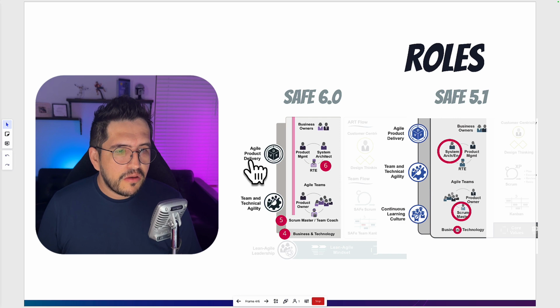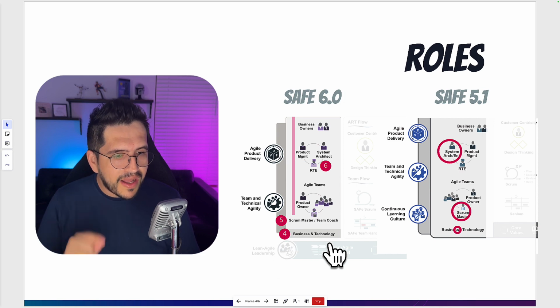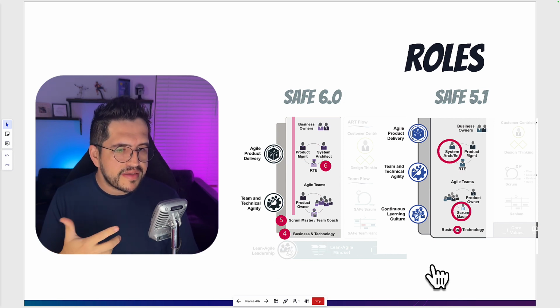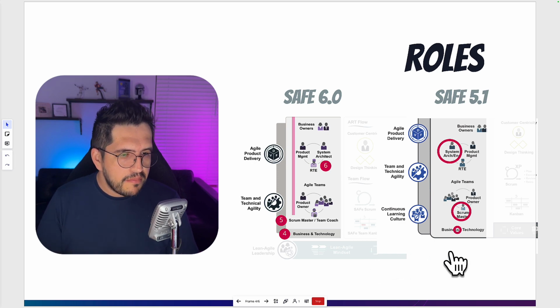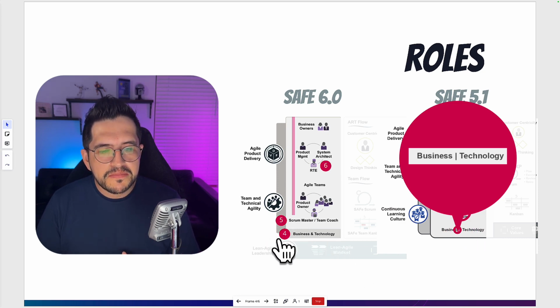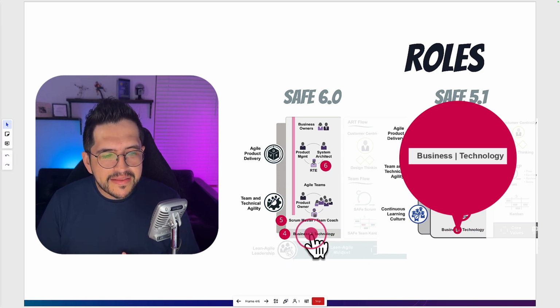Next, let's talk a little bit about change and improvements in the roles. As you can see here at the bottom, another small adjustment, but the impact I think is quite high. Before we had business or technology, and this time it is business and technology.